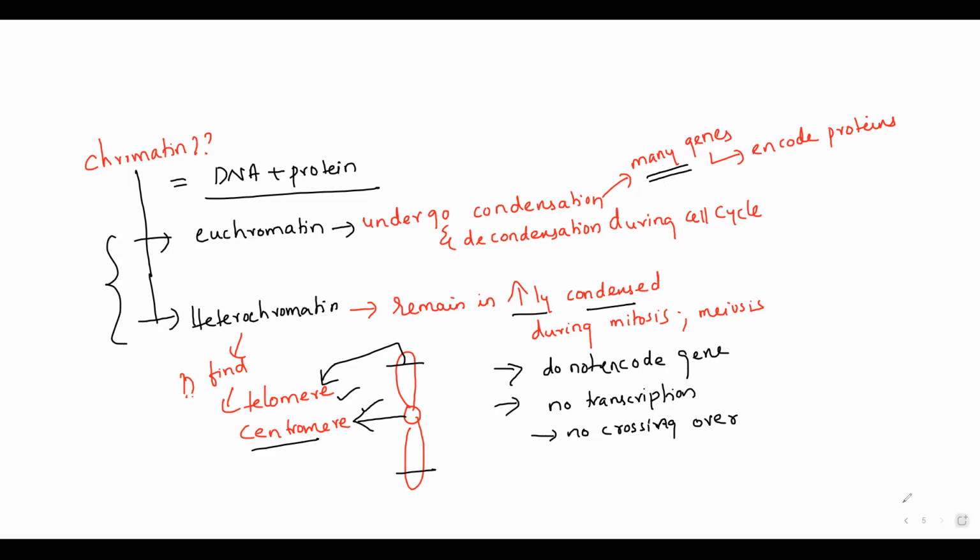Okay, now the next thing I would like to tell you about is the proteins. In chromatin, I was talking about the DNA forming a complex with the protein, and we were calling this chromatin. Now coming on to the protein. So what is this protein?